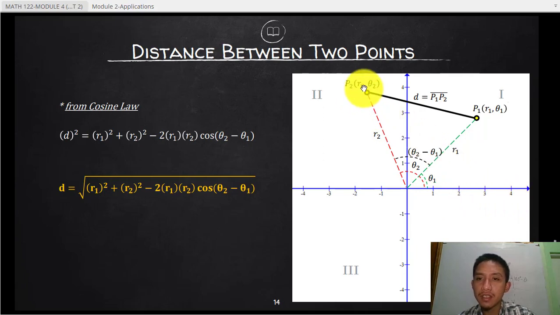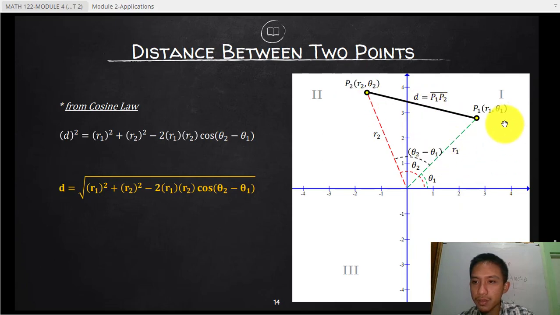If you try to look at this, the distance or this line segment here, or that distance between them, is actually, if you'll try to connect that one with your radius, that is actually a triangle. You know these sides, isn't it? These are the radius. You know that one since that is given. That is your polar coordinates.